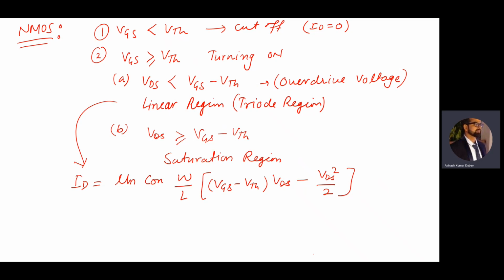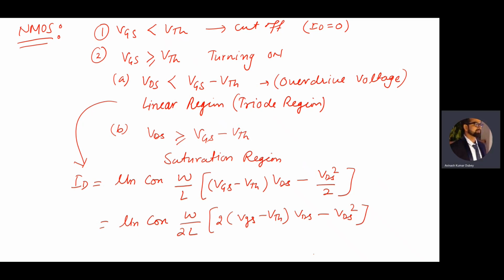We can also take the 2 out of this bracket and write it as mu1 COX W by 2L, 2 times VGS minus VTH into VDS minus VDS square. So this is the current equation in the linear region. Understood?